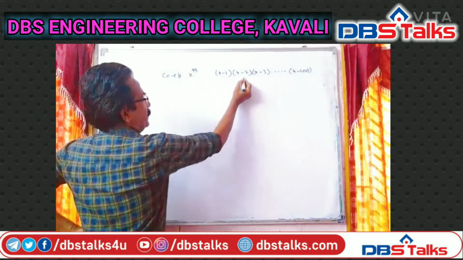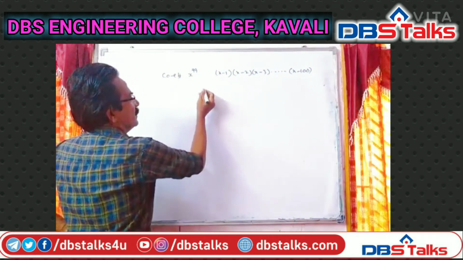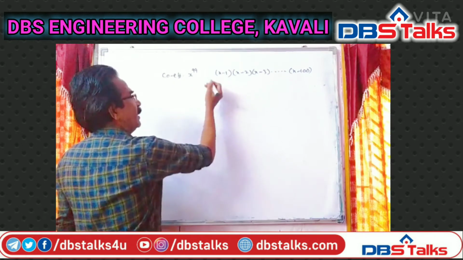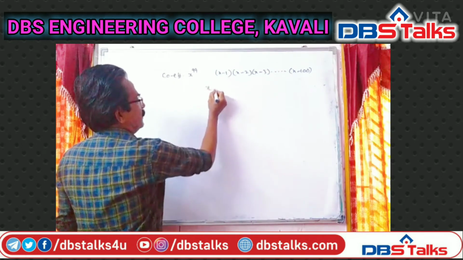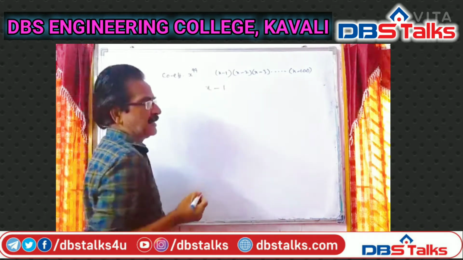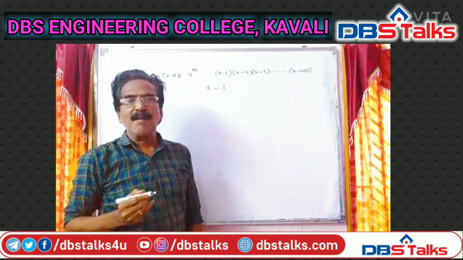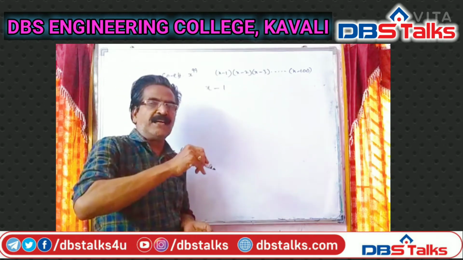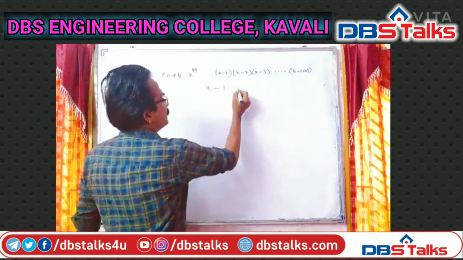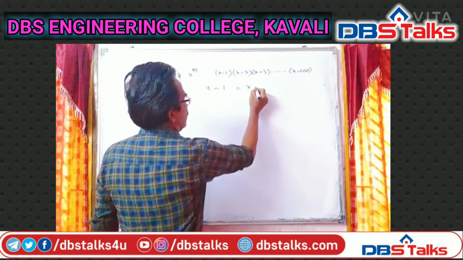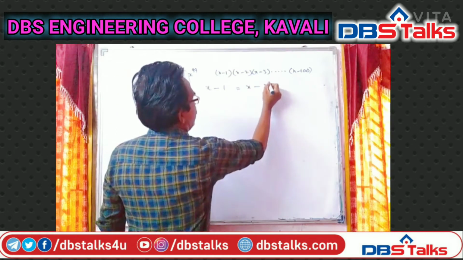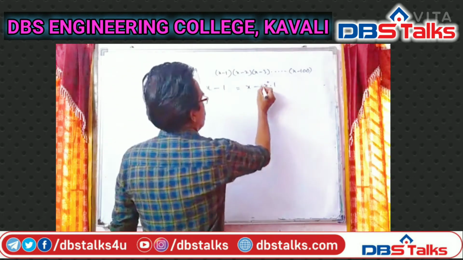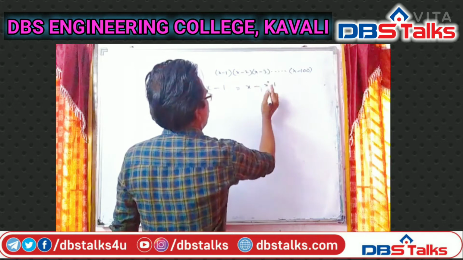If we multiply two terms, first you take one term, x minus 1. You are taking one term, then the coefficient of x power 0.